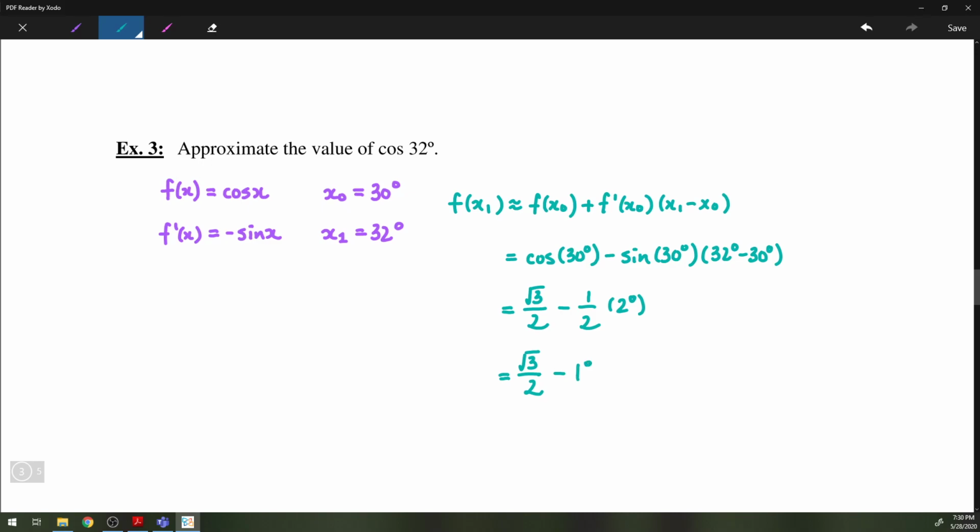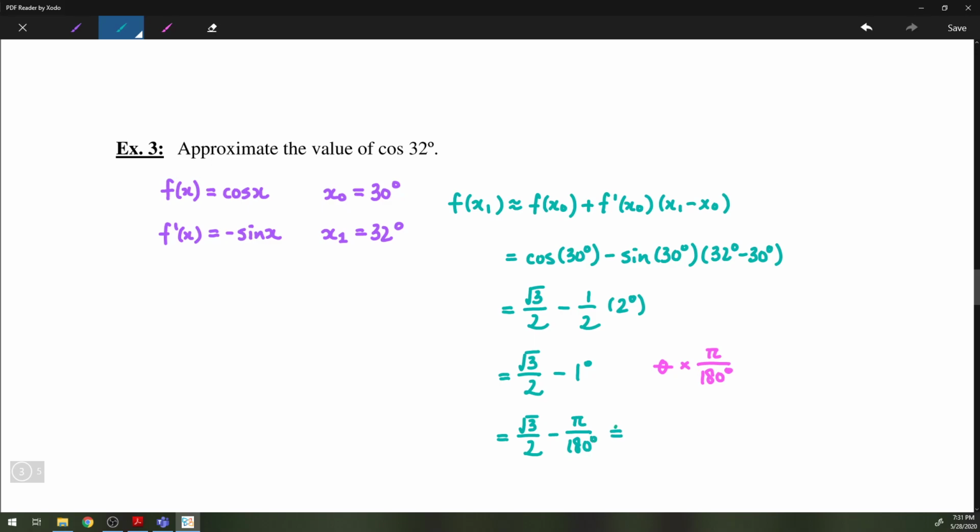However, this is very difficult to subtract, so we're going to convert the degrees to radians using the fact that we can multiply by pi and divide by 180 degrees to change the angle measure in degrees to radians. So once we've done that, we have root 3 over 2 minus pi over 180.